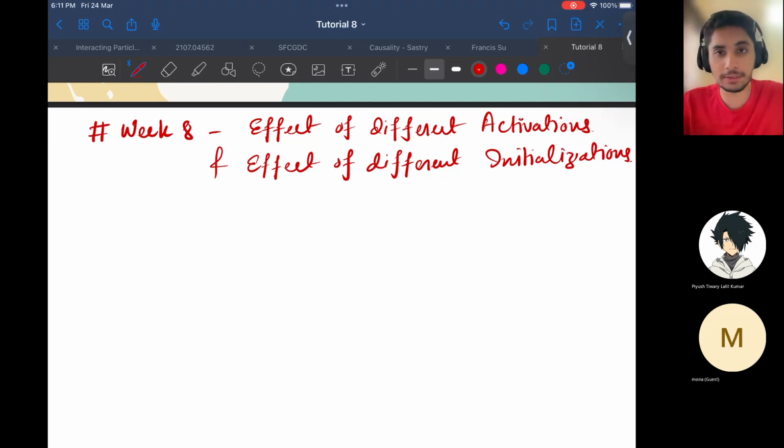For example, when I started my PhD, I didn't know why initialization should even affect your training process in neural nets. But when I saw that there are actually mathematical proofs that tell you that it does affect your training process and your network, it kind of opened my eyes.